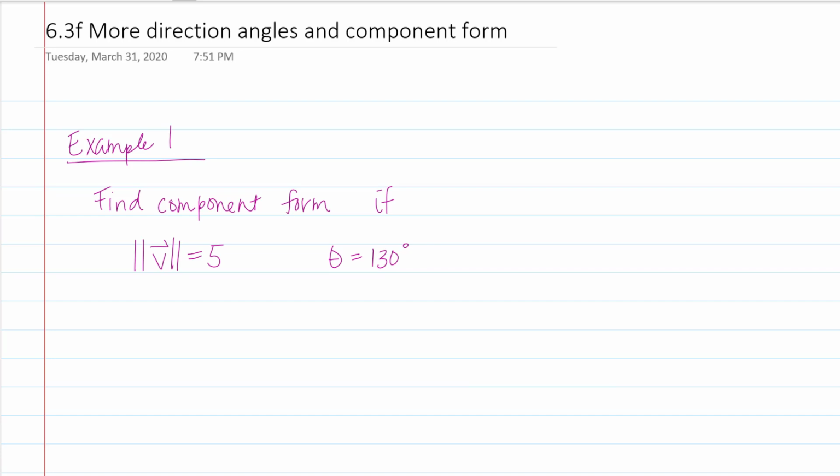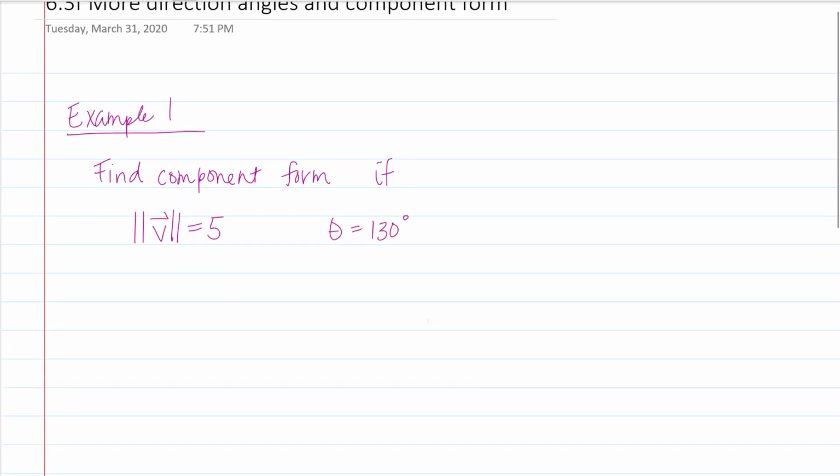What if I know what direction my vector is going and I know how long my vector is? Can I find it? And the answer is yes. So we're going to go the other direction today. Before, they gave us the vector in component form and we found its direction. Now they're going to give us the direction and we're going to find components that meet this criteria.